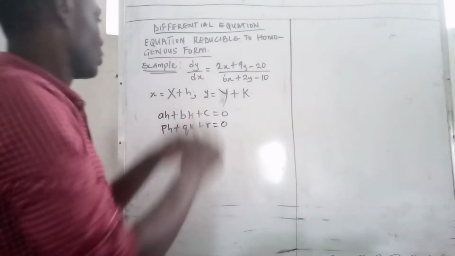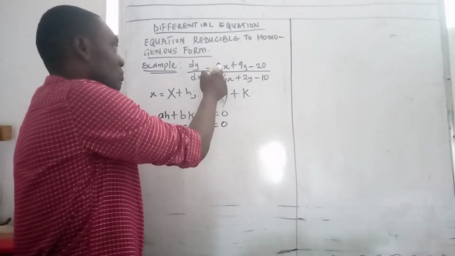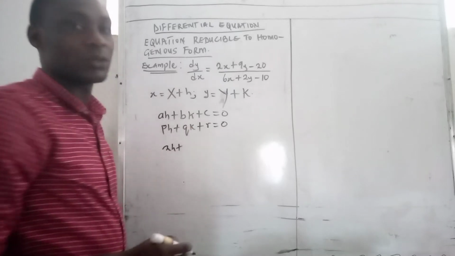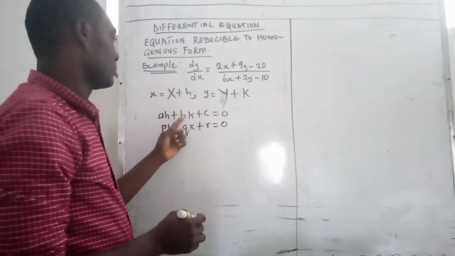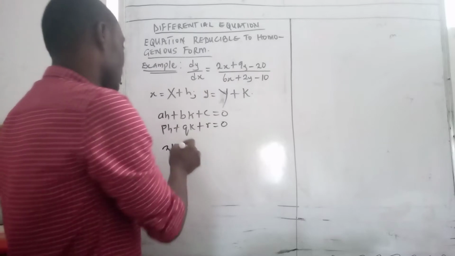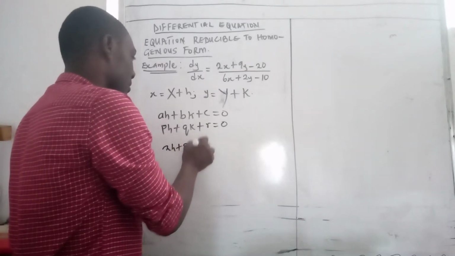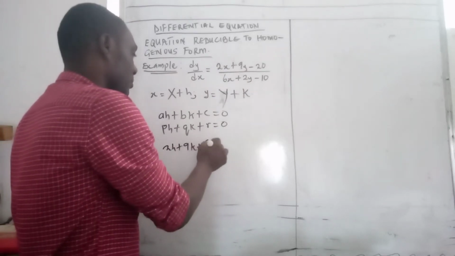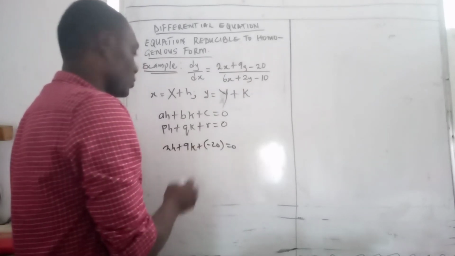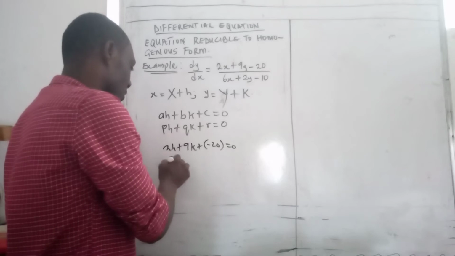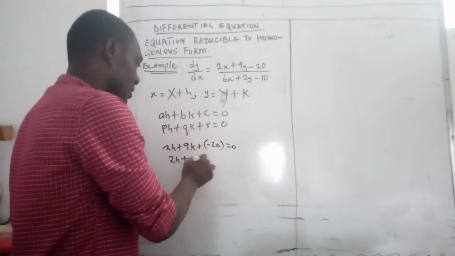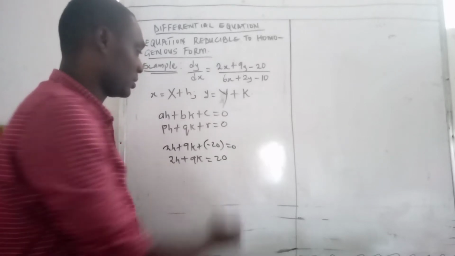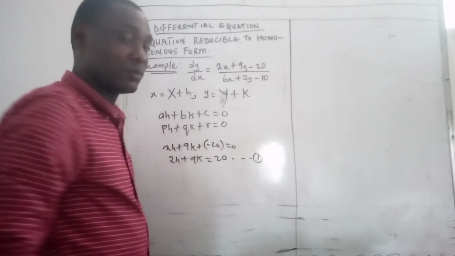If we do that, a is 2 here, so I'm going to have 2h plus b is 9, 9k, plus my c is minus 20 equals 0. So this will be transformed to 2h plus 9k equals 20. I'm going to call this equation 1.